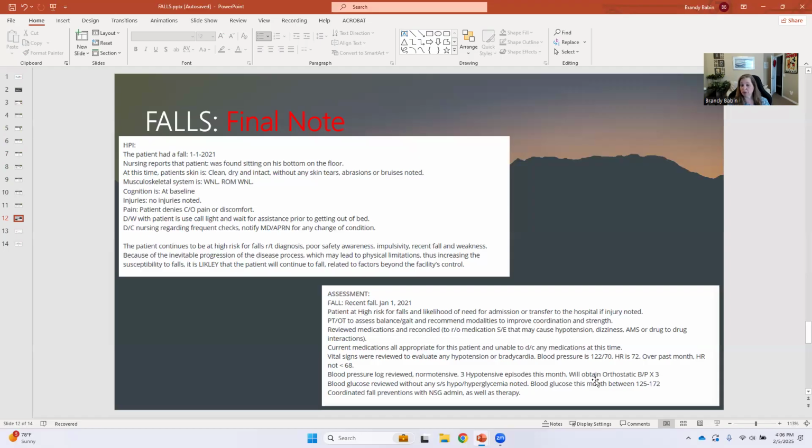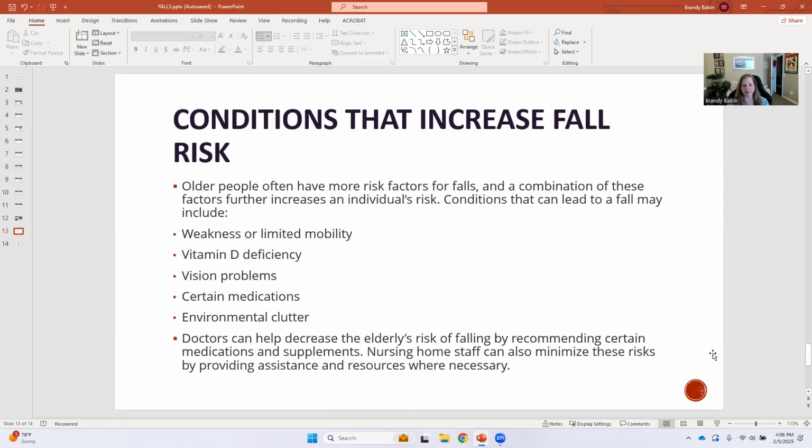And what else is our plan? We're going to get some orthostatic blood pressures. Blood glucose log reviewed. If they don't have a blood glucose log and they are not diabetic, delete that out of the snippet. And then coordinated the fall preventions with nurse administration as well as therapy.